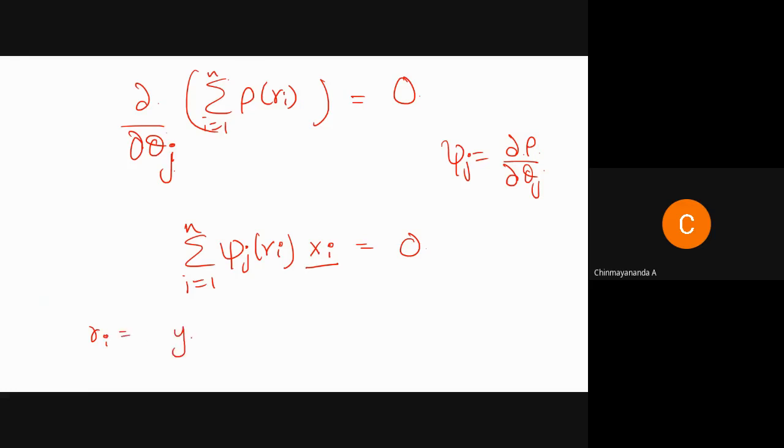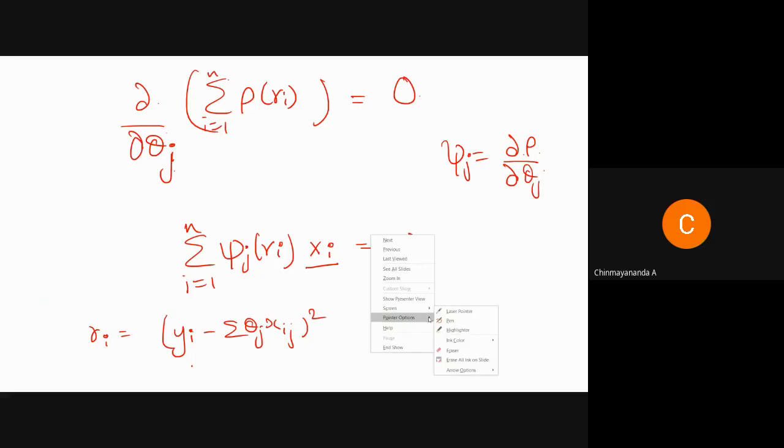Ri is nothing but yi minus the sum over j of theta j xij, the whole squared, summation.